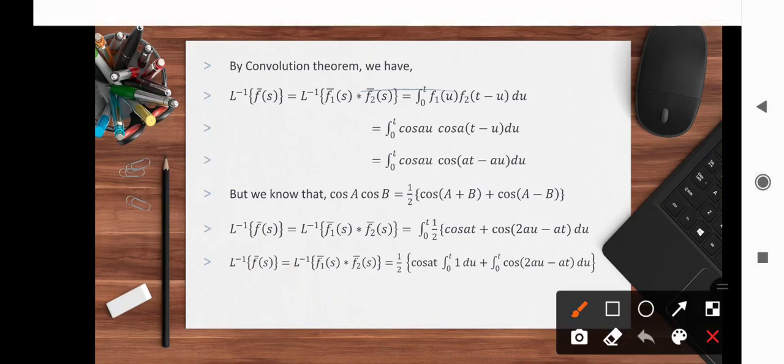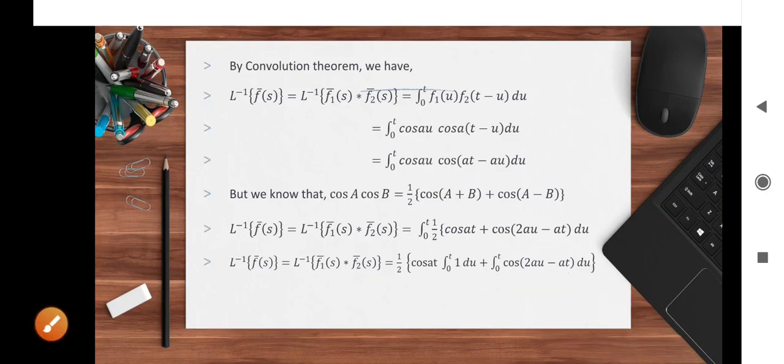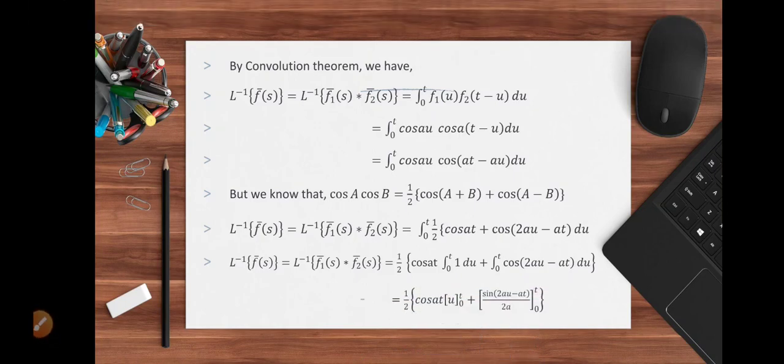So you have only the integrand 1 for the first term integration. For the second term, this cos function involves u, so you have to integrate it using the integration formulae. Integration of 1 with respect to u is u, and integration of cos with respect to u is sine. So you have to apply these standard integration results to get the next step.